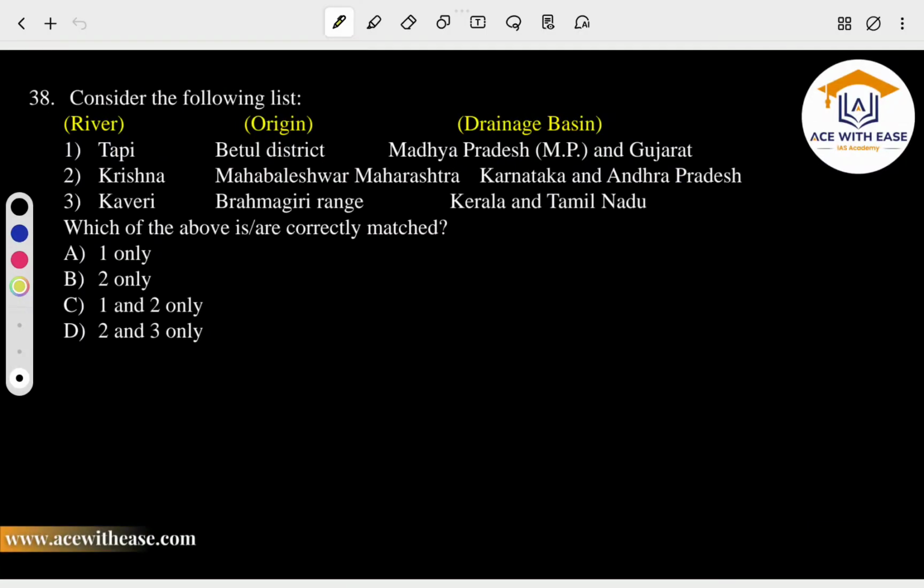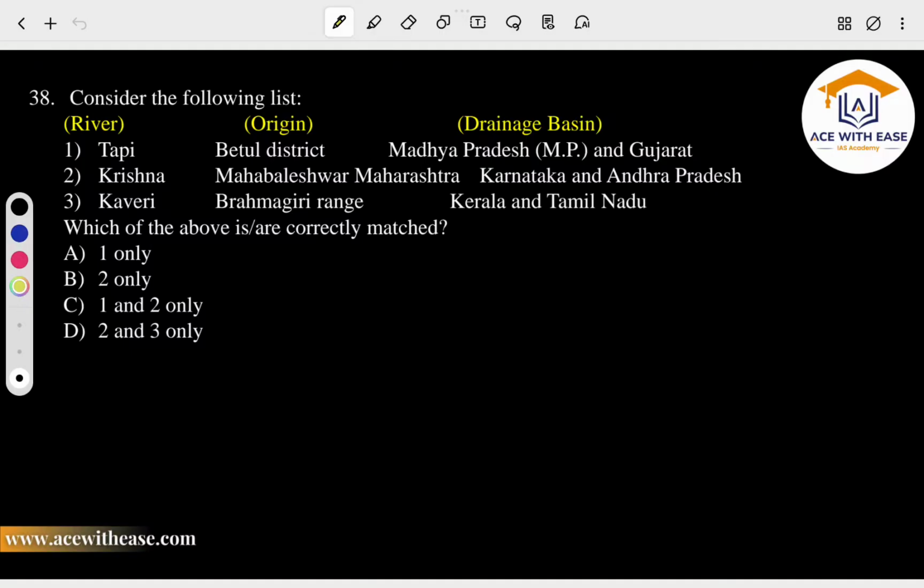38. Which of the following are correctly matched? Tapi River is originating from Betul district, Madhya Pradesh, Gujarat. Actually, Tapi River originates from the Satpura range, so the first option is correct. Second, it originates from Mahabaleshwar, Maharashtra, and drainage between Maharashtra, Karnataka and Andhra Pradesh.